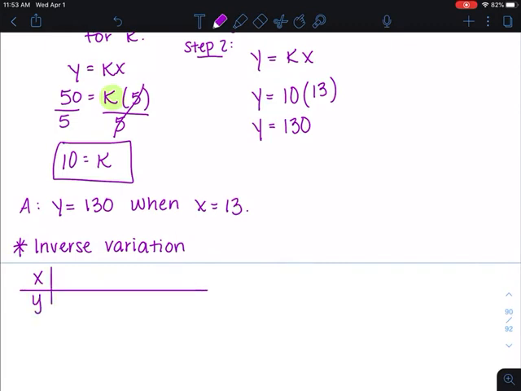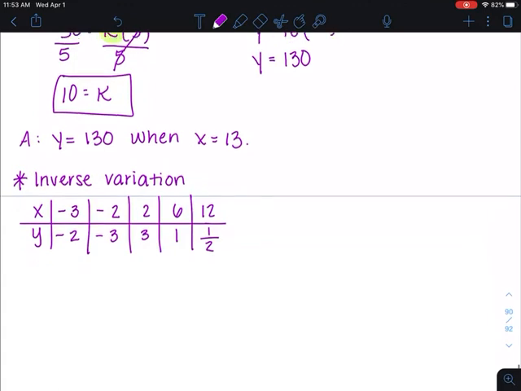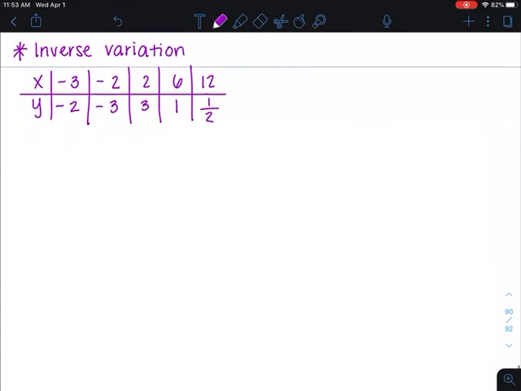So we also have x and y tables. Alrighty, so we want to find the constant of inverse variation for the table.